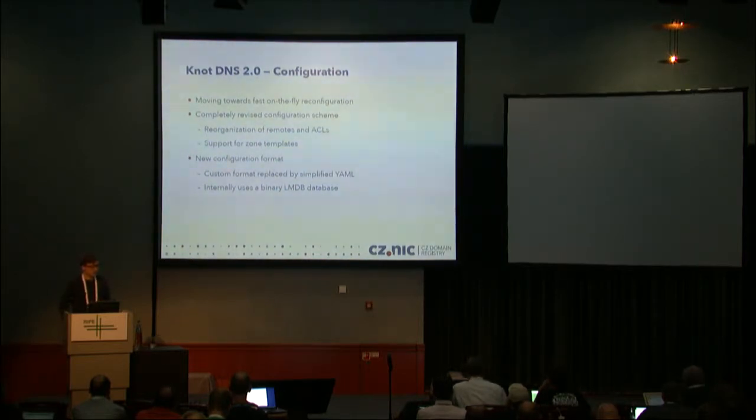So if you are a user with just a few zones, you can use the text format. If you are a user with 1 million zones, you will be able to use the binary format in the upcoming release.